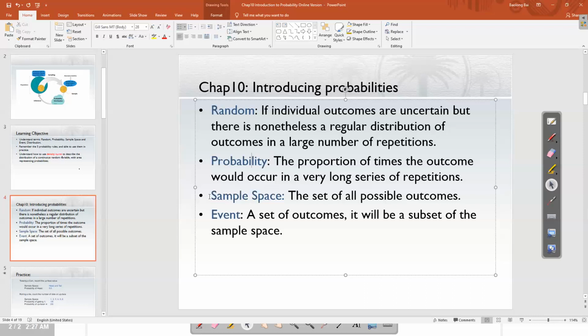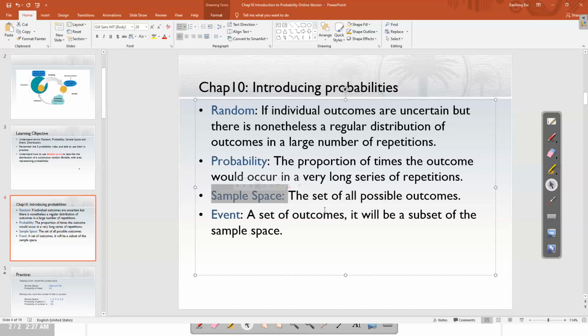So here is another term, sample space, and some people struggle with this. The definition of the sample space is very simple. The set of all possible outcomes of a random process. If you have a random process, then all the possible outcomes that could occur, as a set, is called a sample space.